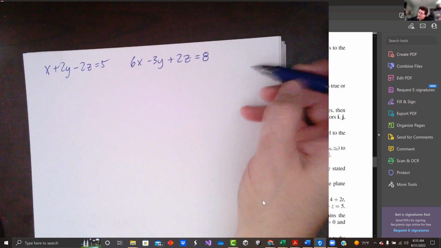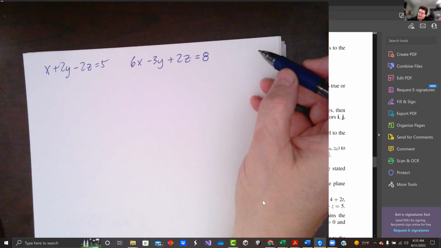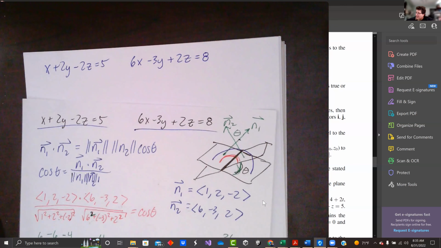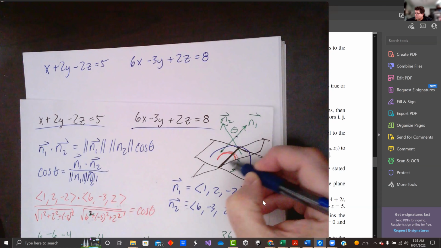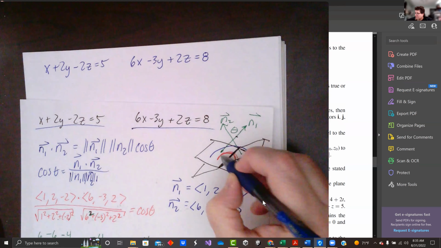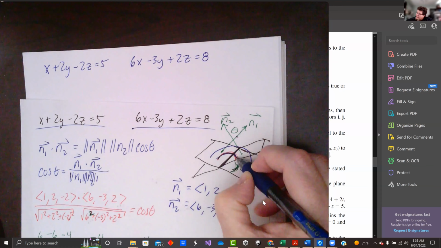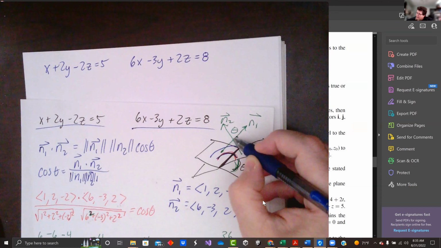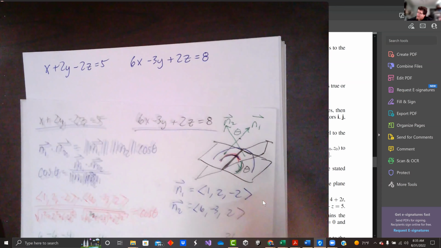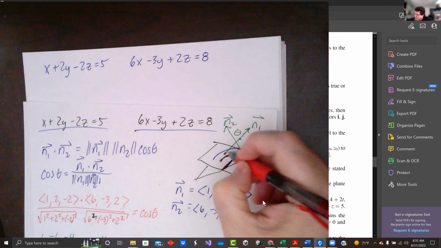So we still have our same n1 and n2 in our picture. That line of intersection right there, that angle is from here. And it's orthogonal to n1 and n2. So the line of intersection is orthogonal to both.